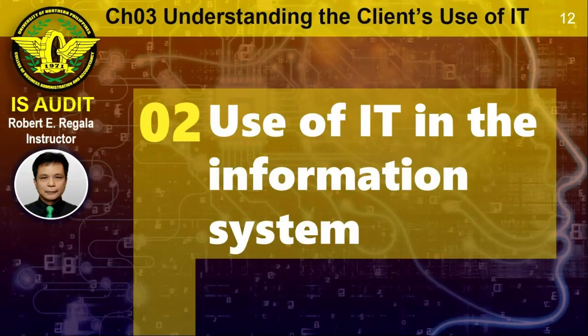The understanding of the entity's business model and how it integrates the use of IT may also provide useful context to the nature and extent of IT expected in the information system.